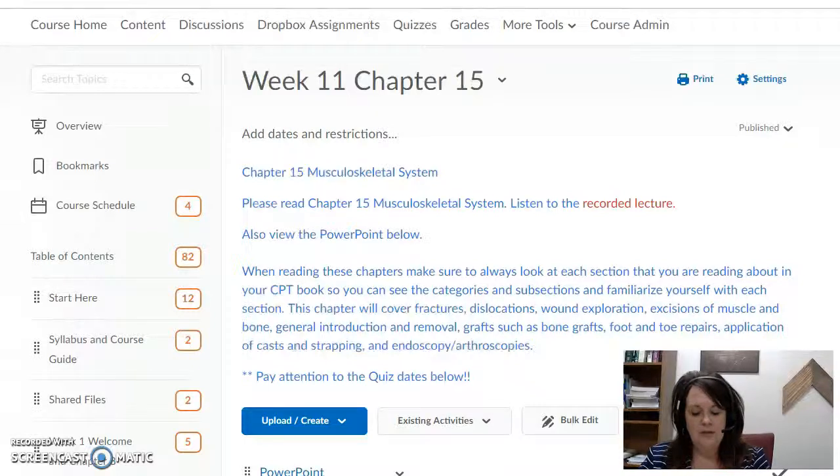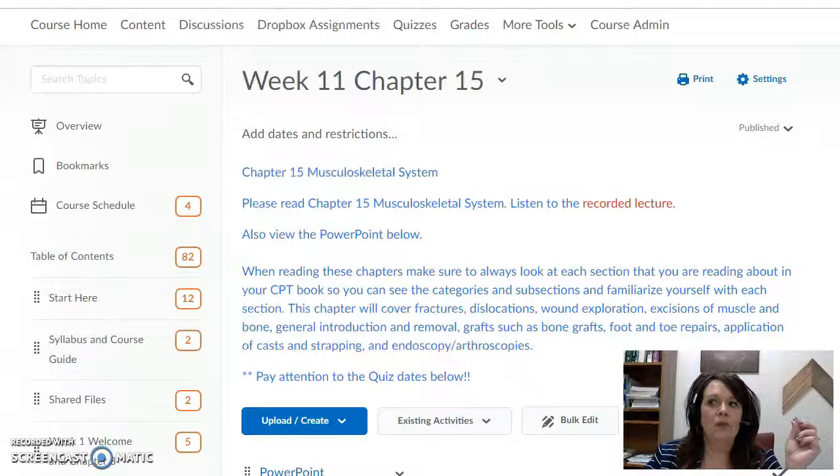The big thing is you need to make sure that you understand that there is not a relationship between open and closed, what type of fracture and what type of treatment. Does that make sense? There is no direct correlation between the type of fracture and the type of treatment. So here's what I mean by that.